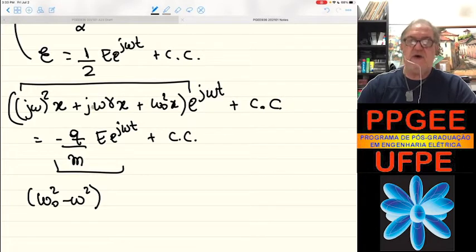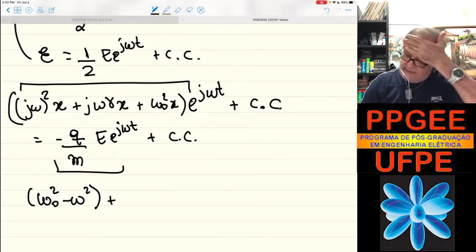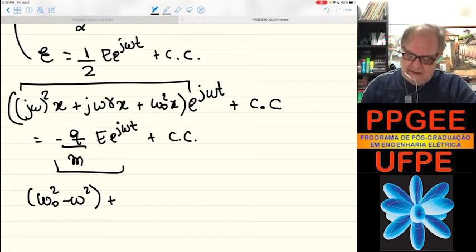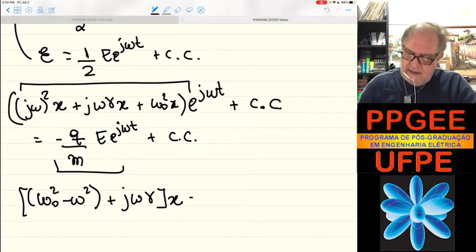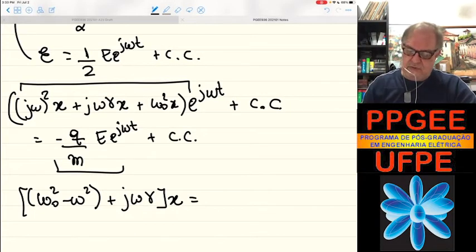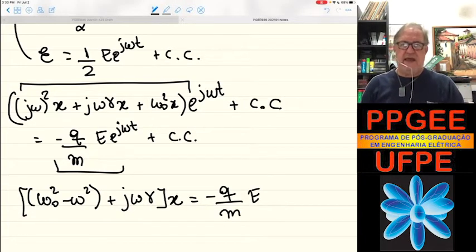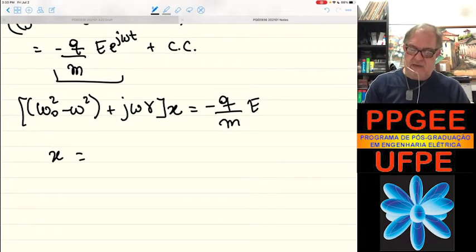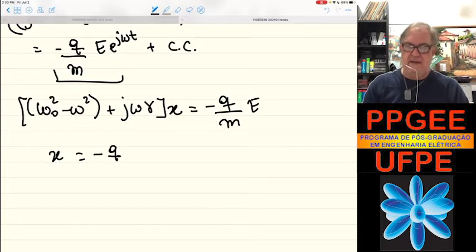Then we have plus j omega gamma times x, phasor x, equals to minus q over m times E. So we just solve for the phasor x relative to the phasor E, then we calculate the physical quantity, curly x, right? So we have x equals to minus q over m. Then we have a function of frequency.